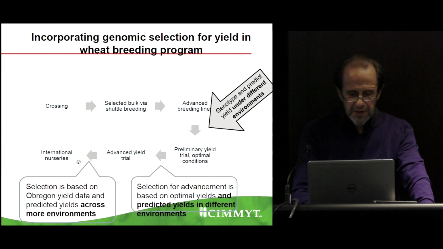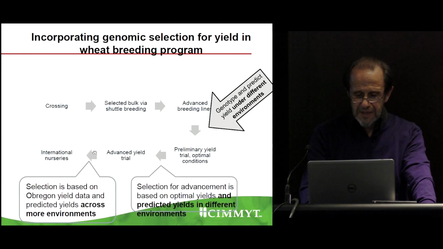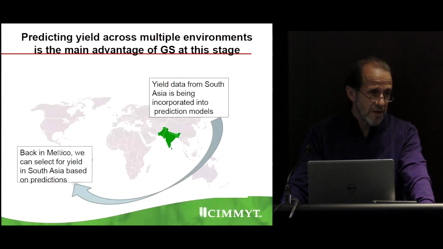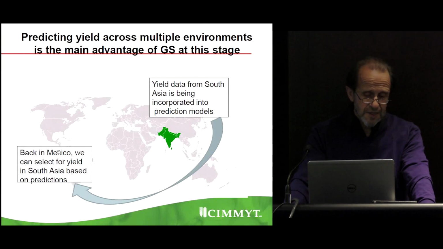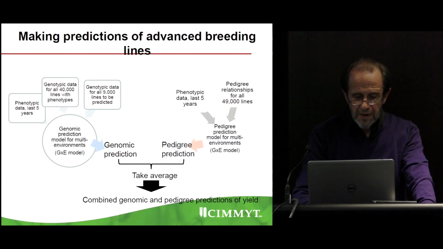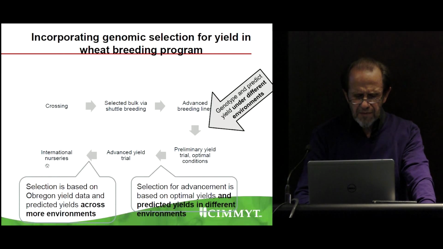So the idea is to predict these advanced lines within CIMMYT, but more important in India, in these 3 sites, and also in the international testing nursery, so we can predict the performance of the lines there. Here we have 50, 60 entries that we would like to predict.